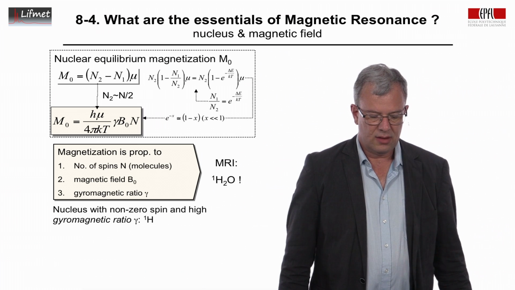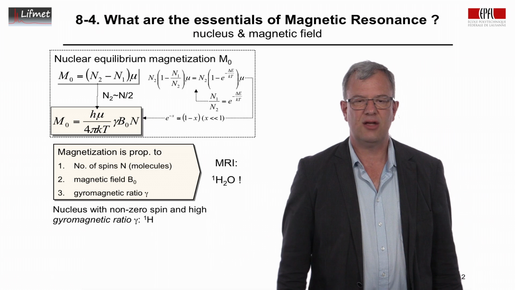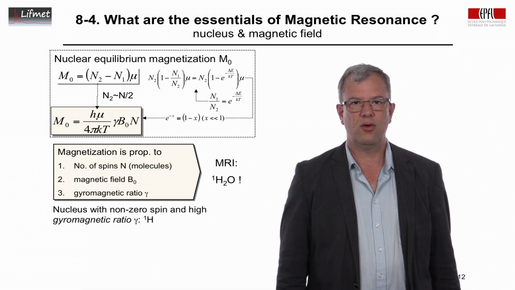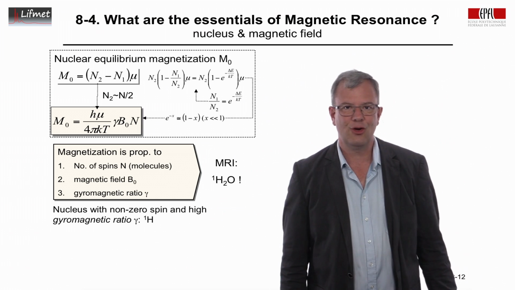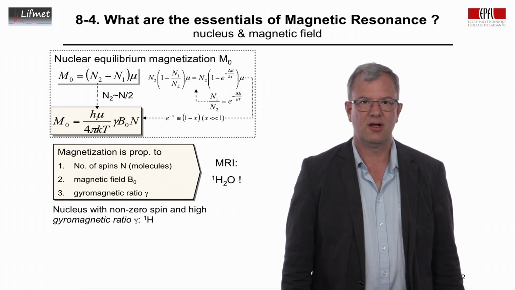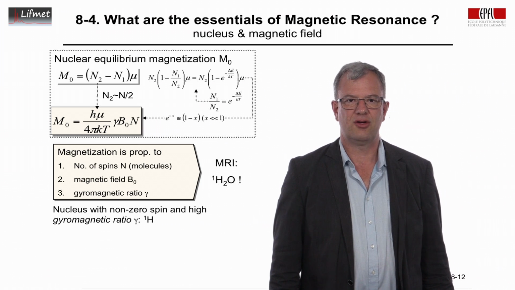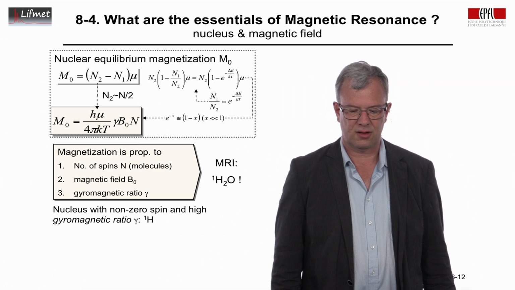This is essentially the hydrogen nucleus, H1, the proton. It has the highest gamma, as we have seen before, and water is highly concentrated. Whether we like it or not, typically 80% of our body is water. So for MRI, we are mainly focusing on imaging the hydrogen atom in water.